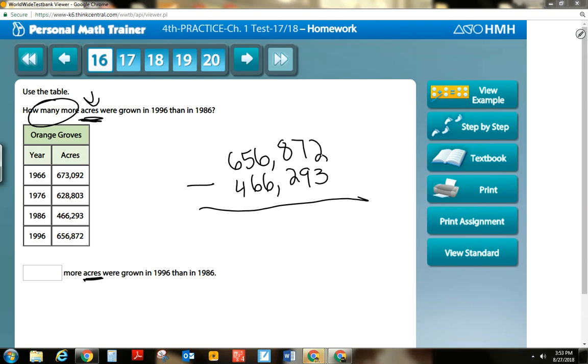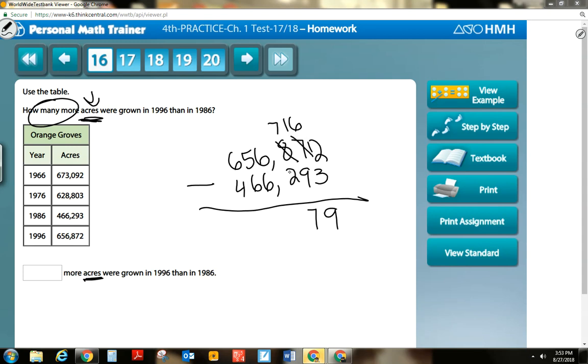All right. Starting at the ones place. 2 take away 3. Can't do it. Go next door. Yo, 7. What's up? Can I borrow one? Sure. Here you go. 12 take away 3 is 9. 6 minus 9. Can't do it. So we go, yo, 8. Can I borrow one? Sure. Here you go. 16 take away 9 is 7.